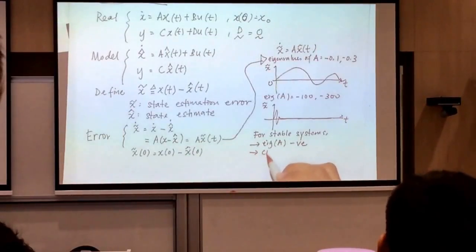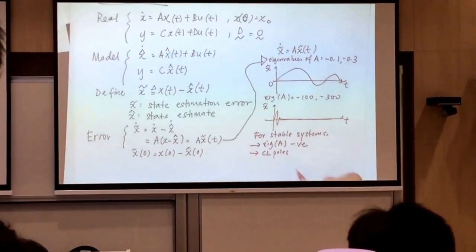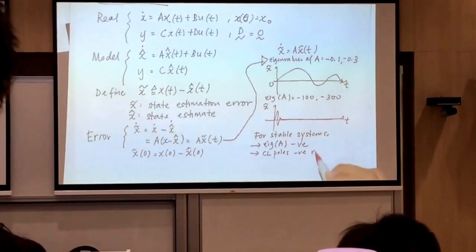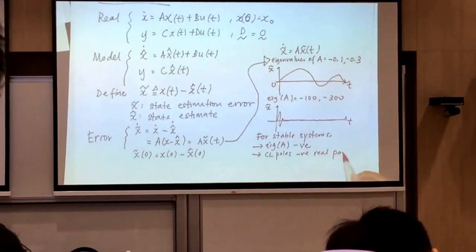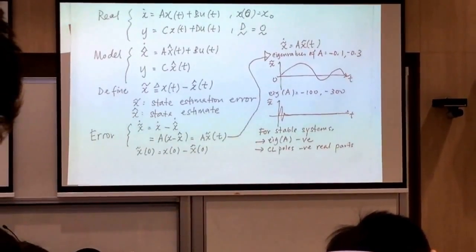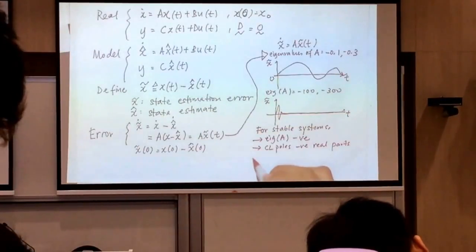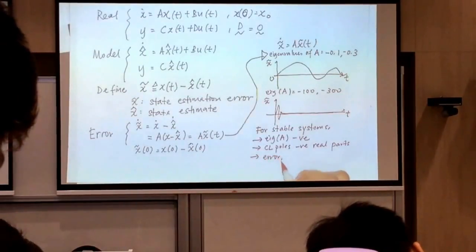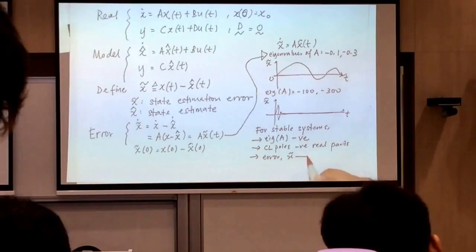This tells you that the closed loop has negative real parts, and then the error x tilde tends to 0.